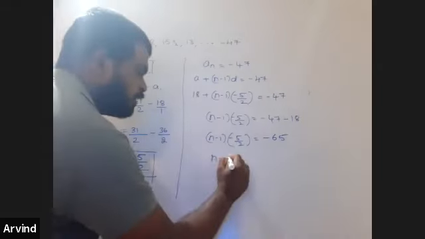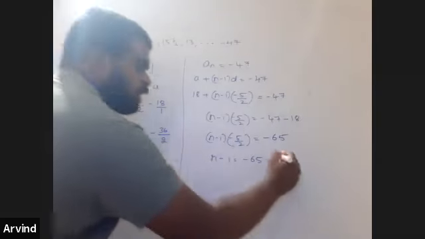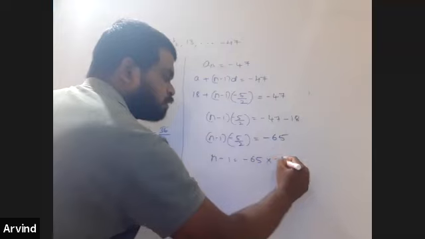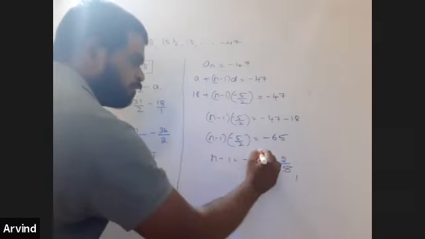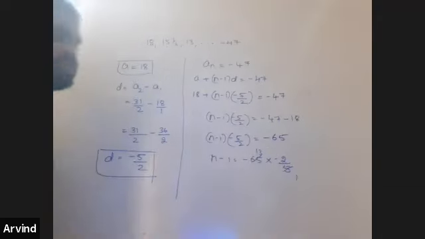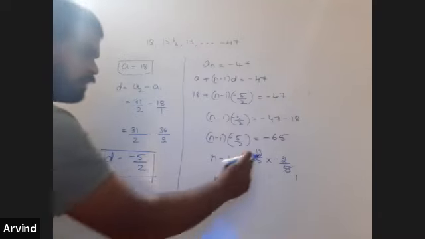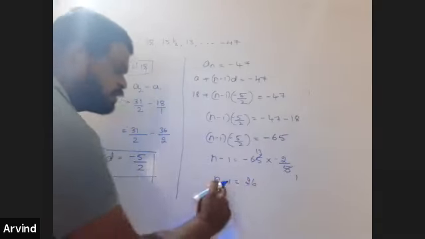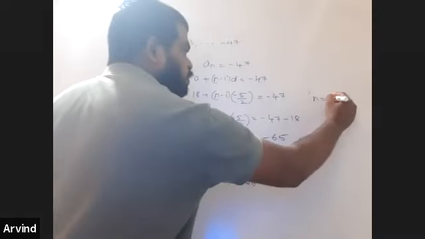So n minus 1 equals minus 65 into minus 2 by 5. So 5 ones are 5, 13s are 65. And minus into minus will become plus. So n minus 1 is equal to 13 into 2 is 26. Send this minus 1 that side, it will become plus 1. Therefore, n is equal to 27. Is it clear?